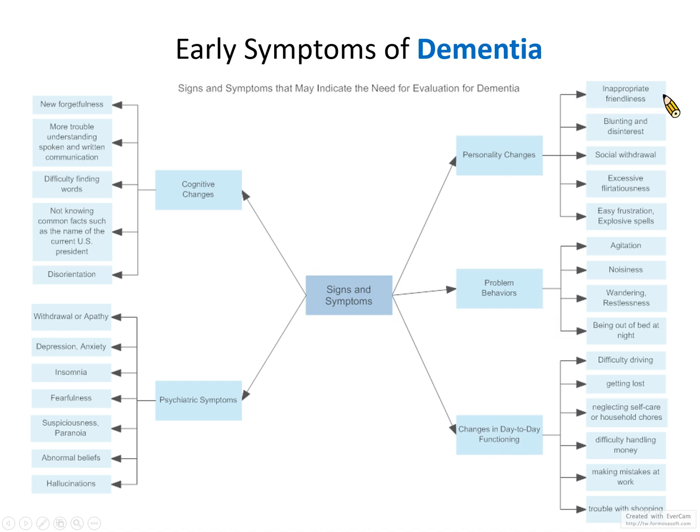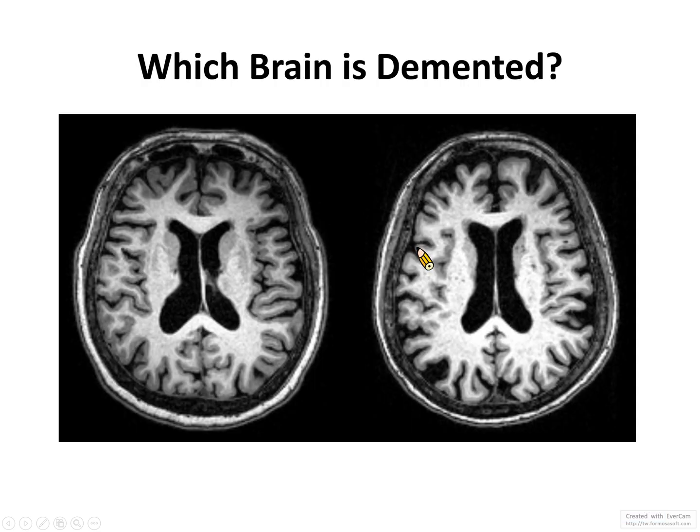Because dementia is a neurodegenerative disease, you can easily imagine that it will affect the whole brain. That's why the symptoms of dementia can have a lot of different kinds of manifestations.